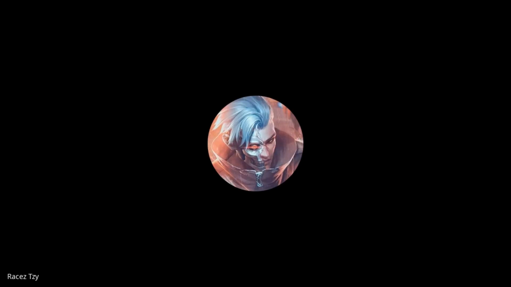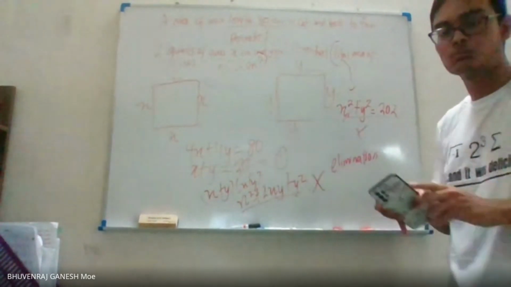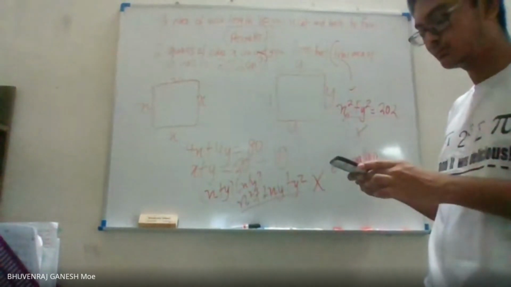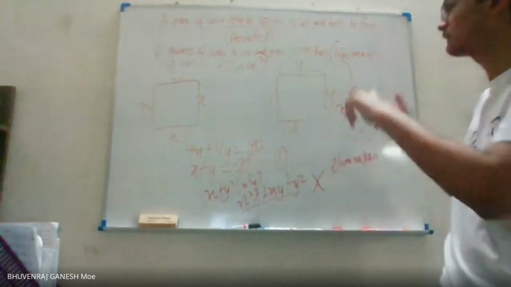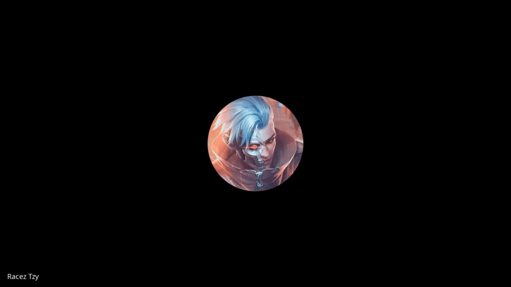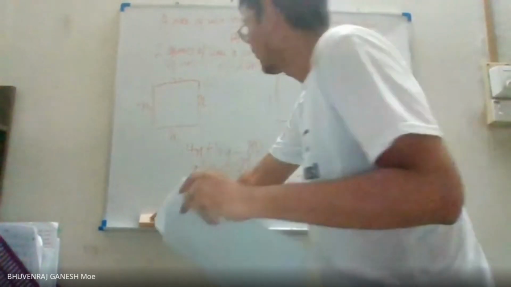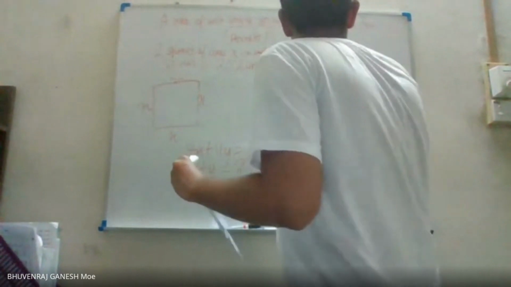So usually try substitution first, because substitution can apply to anything no matter what. So when you see a simultaneous equation topic in your exam, first think of substitution, then elimination. Okay, so these are two examples where you cannot use elimination.